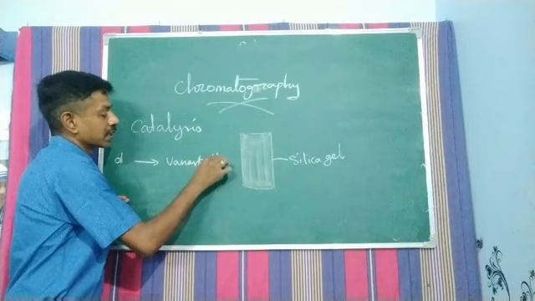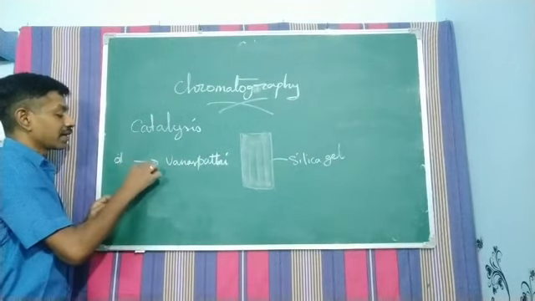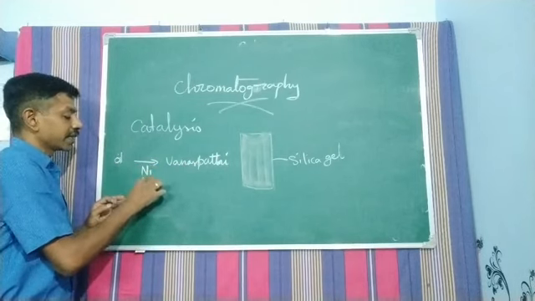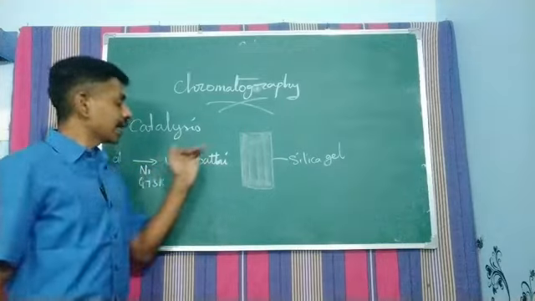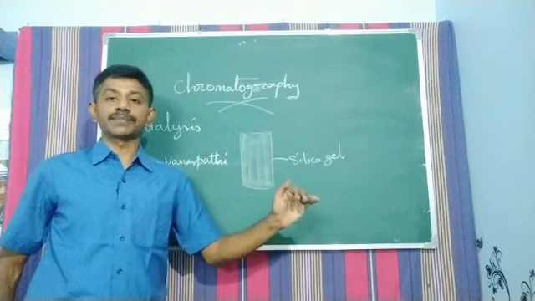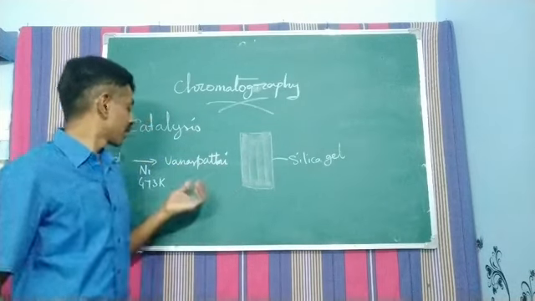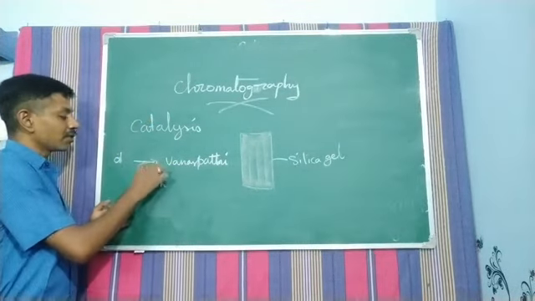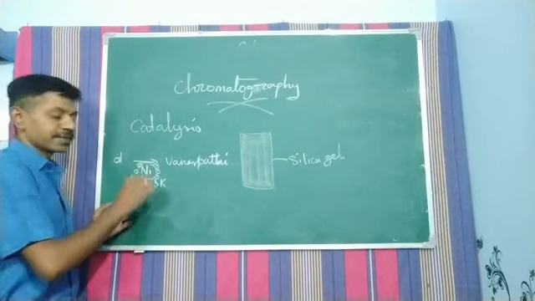The vanaspati making process involves the presence of nickel at 473 Kelvin. So how can this oil be converted into vanaspati? If you want a Dalda kind of thing, the nickel will have on its surface a large number of hydrogen bubbles.